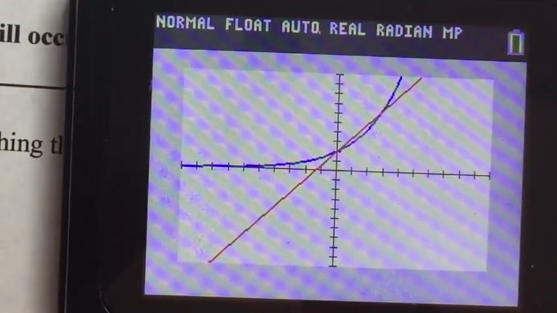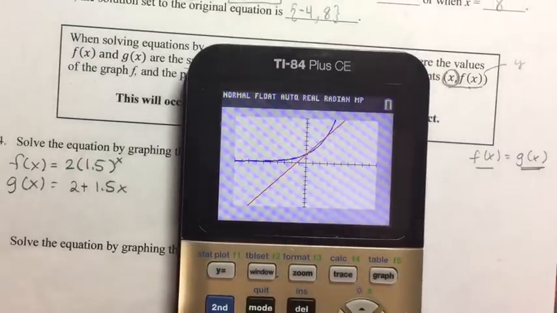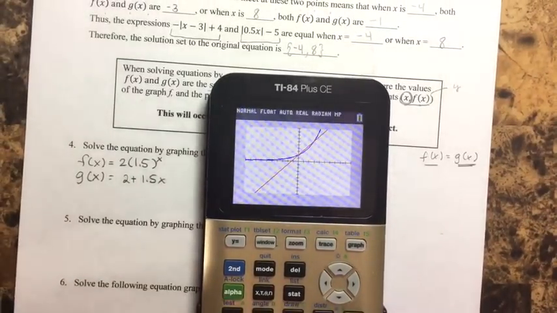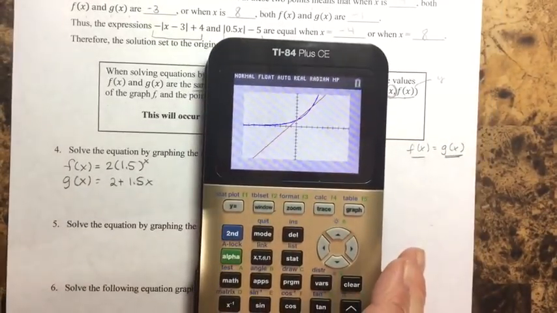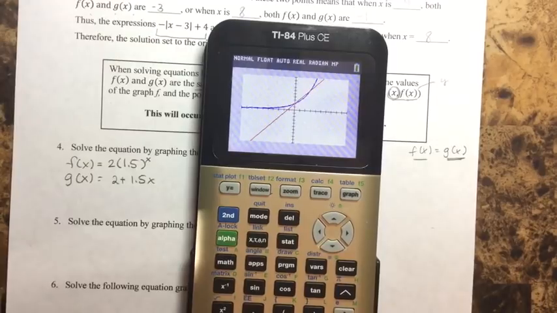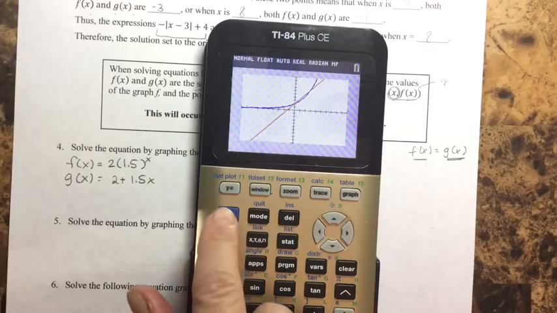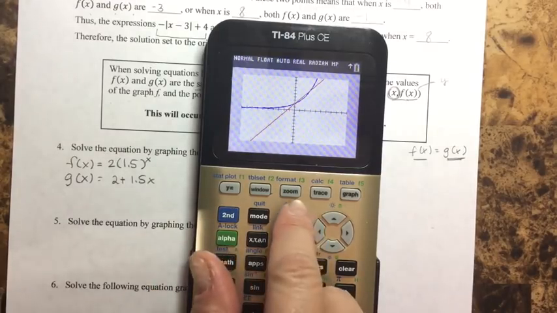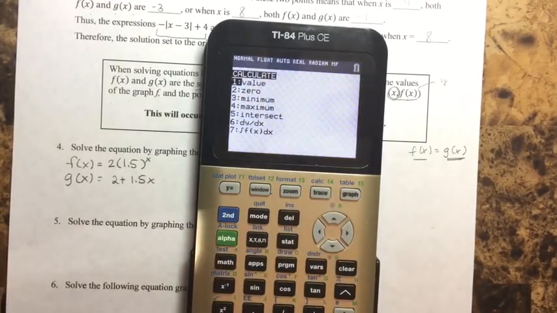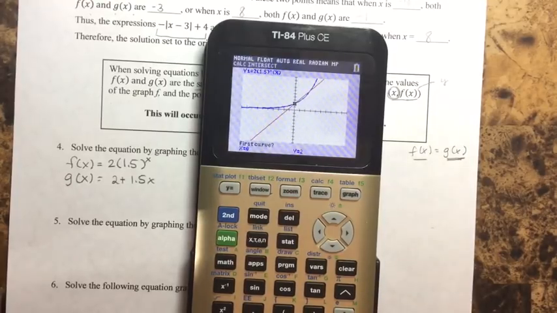So I'm going to show you, and this is what is in that calculator tips sheet, we're going to find the intersection of these two functions on our calculator. So watch this. Okay, so I'm going to move this up a little bit. Here we go. All right, so I want to find the intersection of those 2 points. So we do second, trace, and you see where it says intersect, 5.